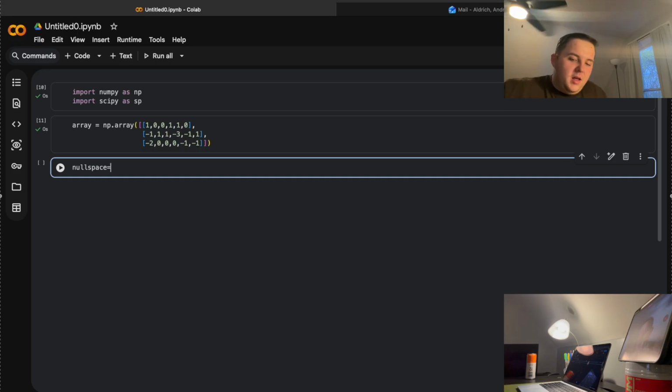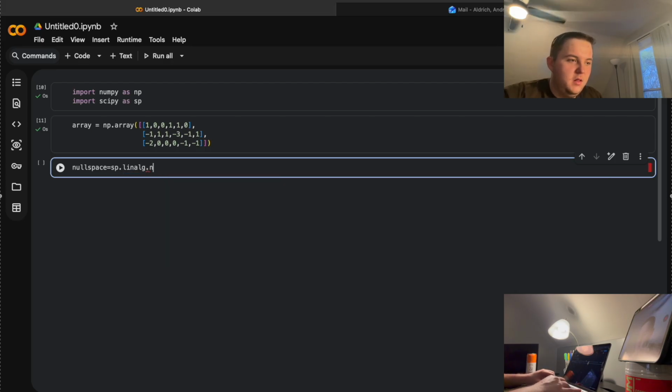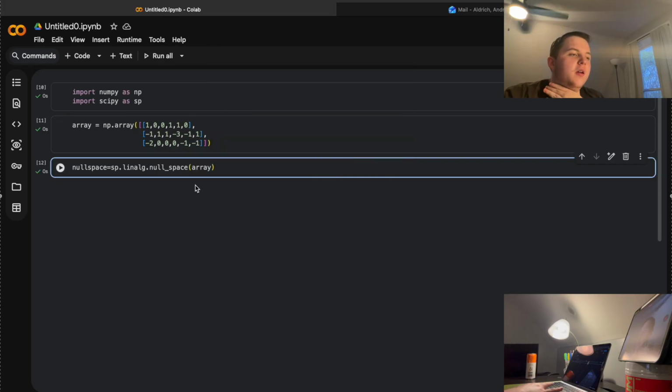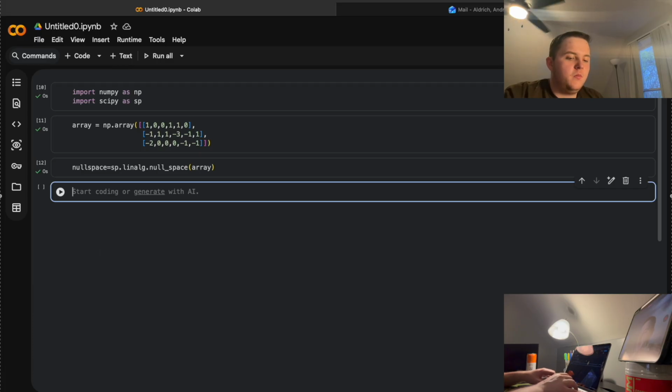I'm guessing scipy, and that is sp.linalg.null_space, which will just do some of the linear algebra for us so we don't have to do that. And let's see if we typed everything good, no syntax errors. So what we should be able to do is just try and get our null space out after we defined it.